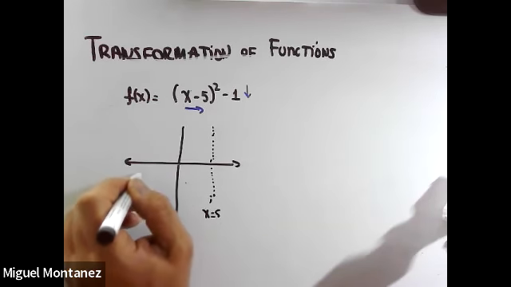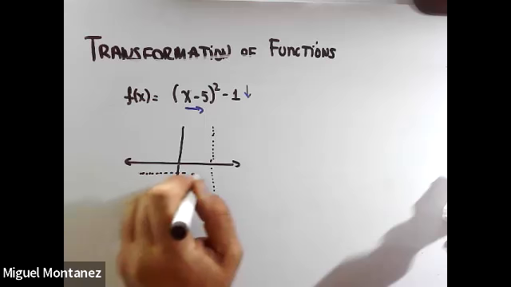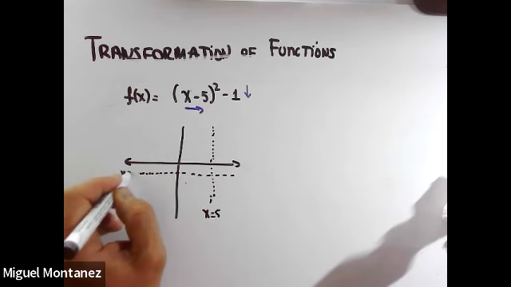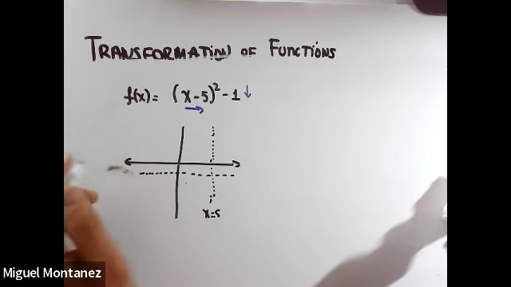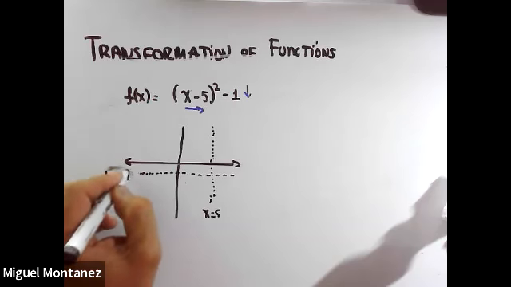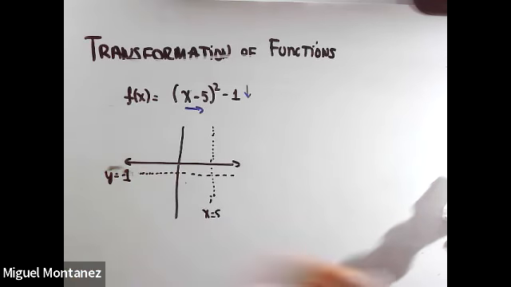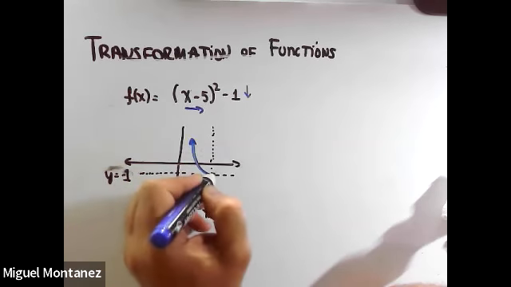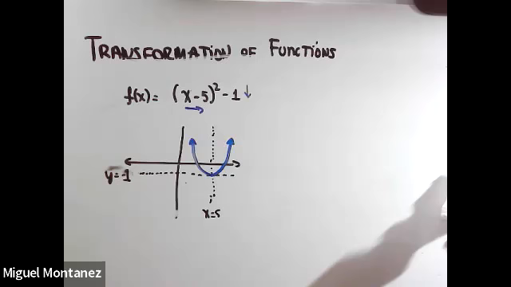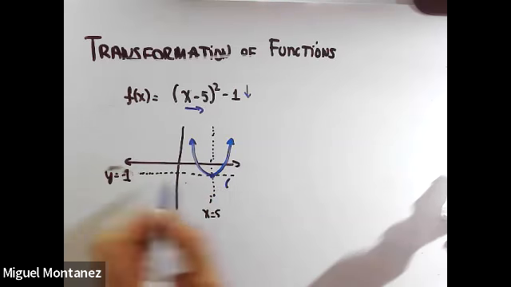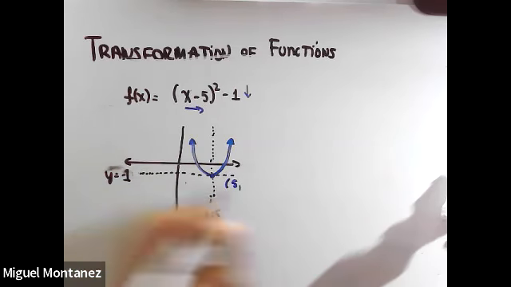And y equals -1. And of course, the parabola would be here. Coordinates, vertex, (5, -1).